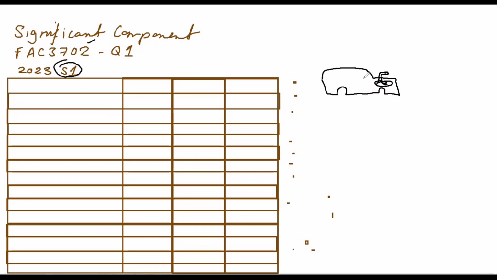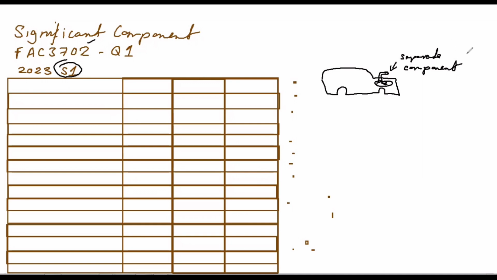Vroom, vroom, right? So we are saying it depends on the company. Sometimes they are saying that this component is significant to the operation of this vehicle. So they consider what? A separate what? Component.